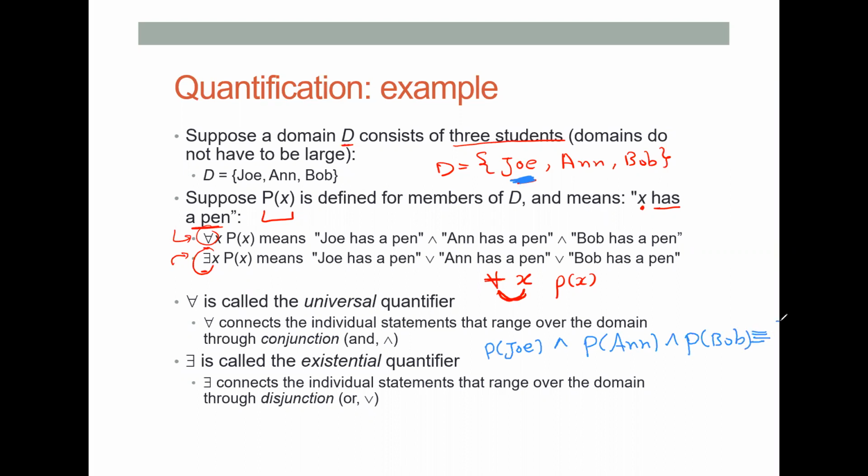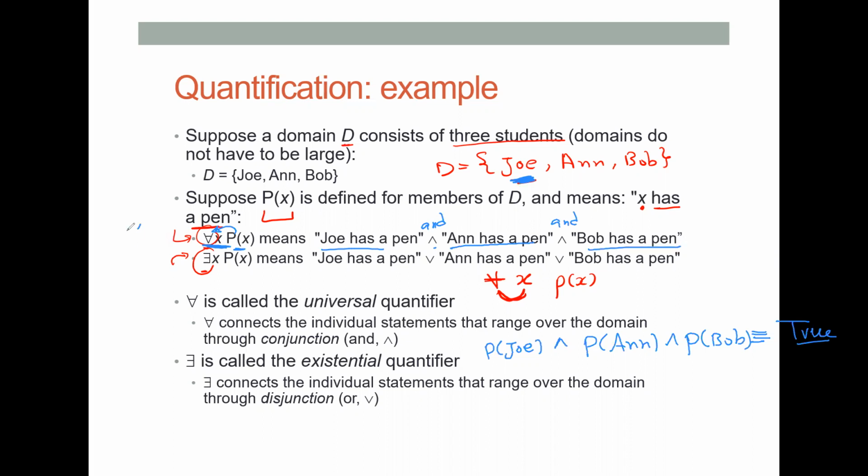When you calculate it, it gives a true value because it is true for all instances X inside the domain. So it means that Joe has a pen, Anne has a pen, and Bob has a pen.